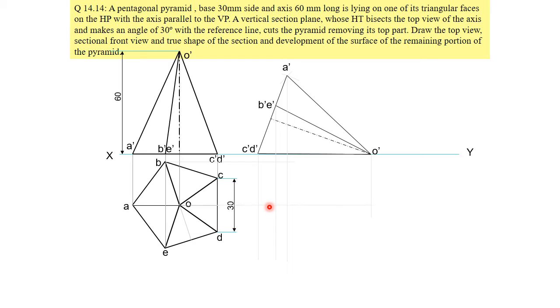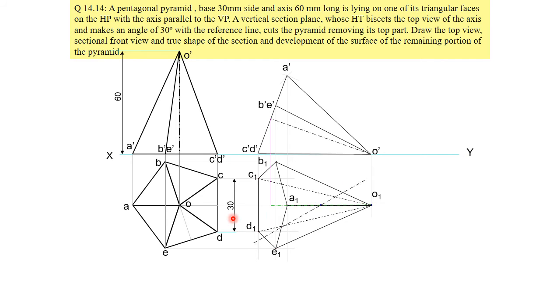Draw the projection downward to get the top view in this condition. Draw the horizontal from its top view and mark all cutting points. So the OCD face is on HP. That means the hidden slant edges OD and OC will be hidden in this case.